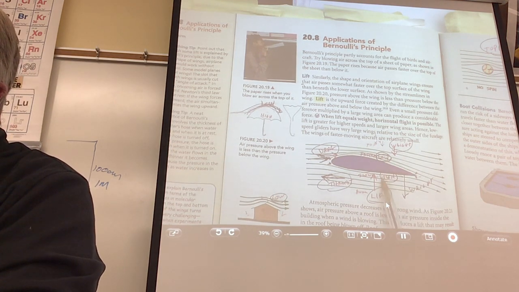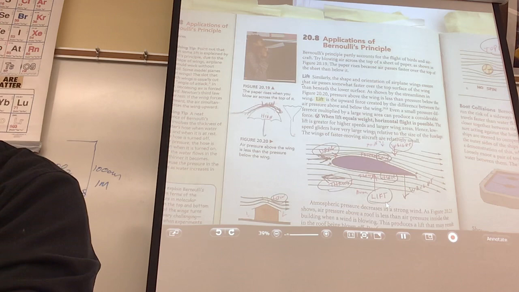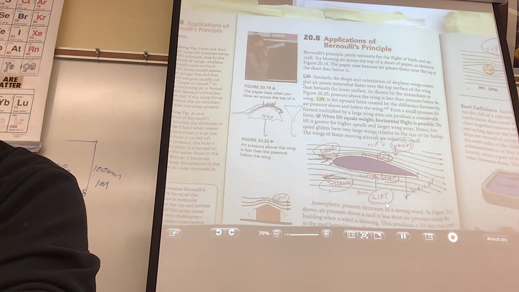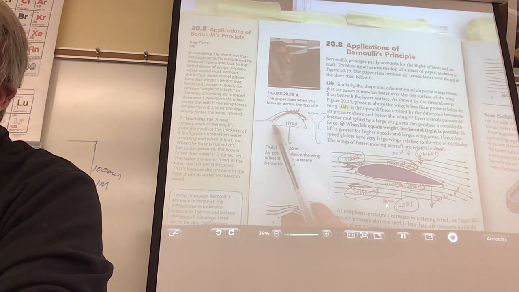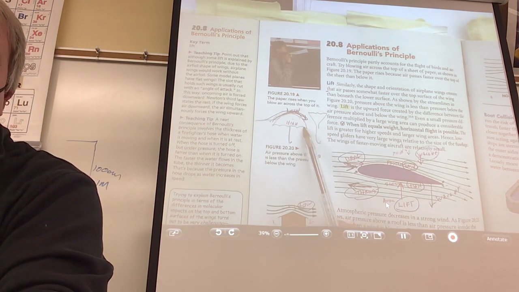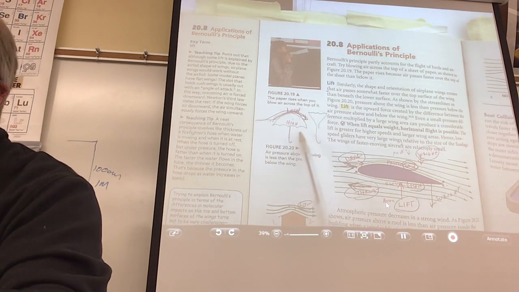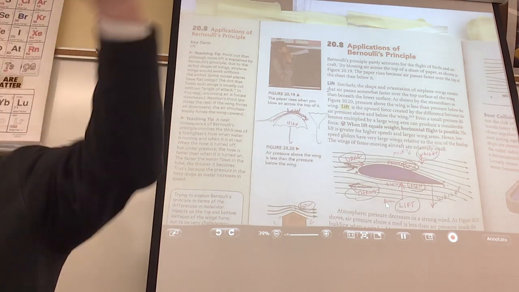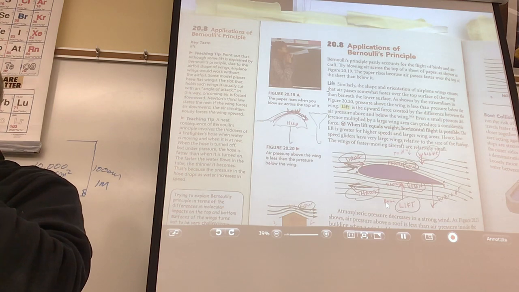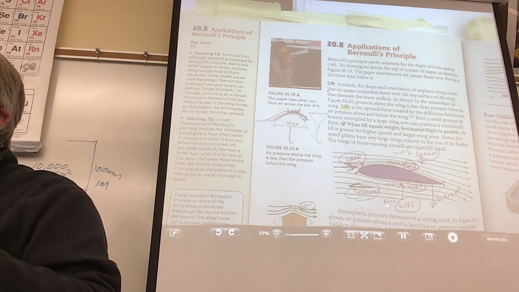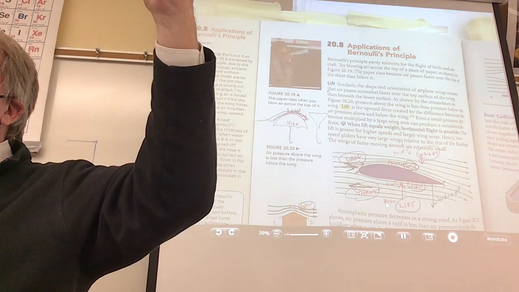So anyway, Bernoulli's principle has to do with the shape of the wing, creating low pressure up here, faster moving air, slower moving here. I was talking to some people yesterday, and I remember the first time I heard it, I couldn't believe it. I remember being in a windy condition, and I had an umbrella. The wind was coming this way, and I was pointing the umbrella that way, and then the umbrella inverted anyway.